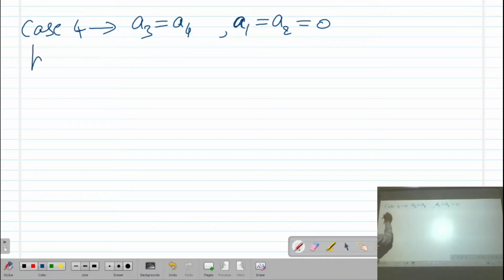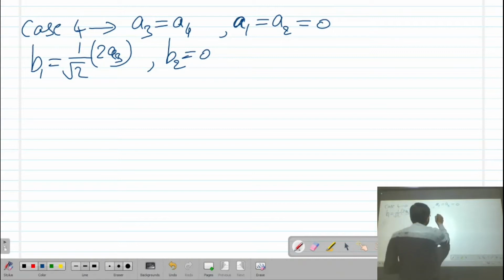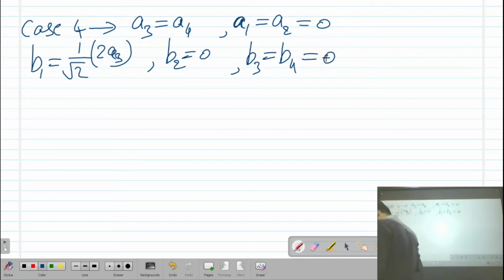Then we will get B1 equals 1 by root 2 into A3, and B2 equals 0, B3 equals B4 equals 0. This is nothing but the additive property, right?